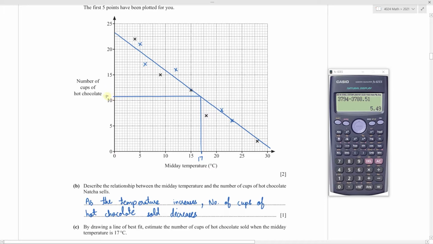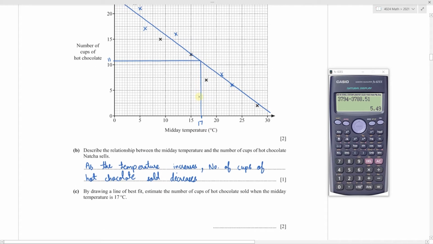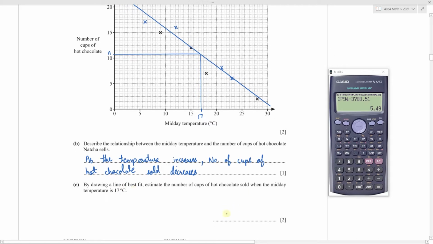So it is coming out to be 10.5, but since number of cups cannot be in decimal, I can take the value as almost 11. So your number of cups of hot chocolate sold when temperature is 17 degrees Celsius is 11. That's how you will calculate it from the line of best fit.